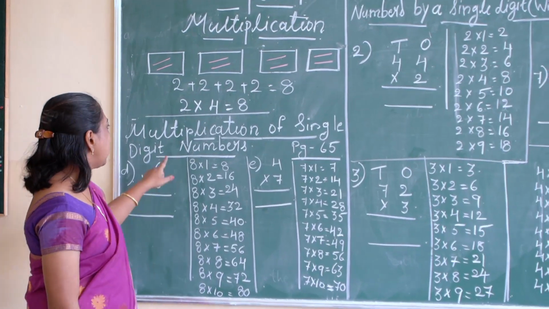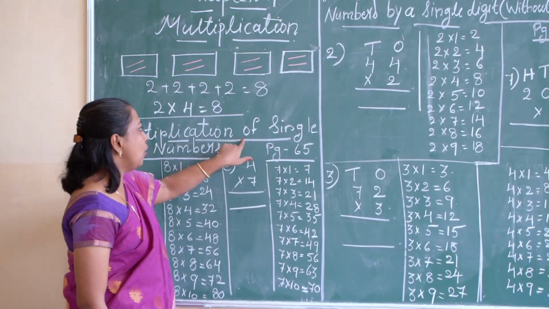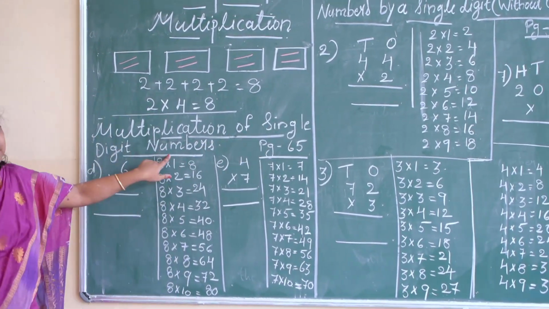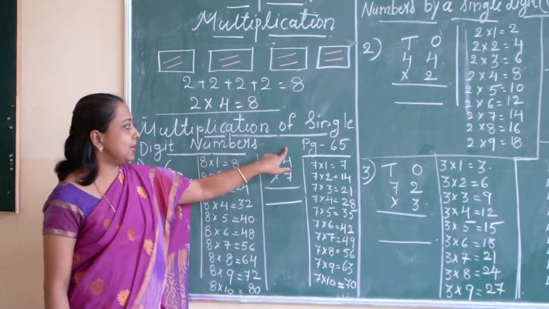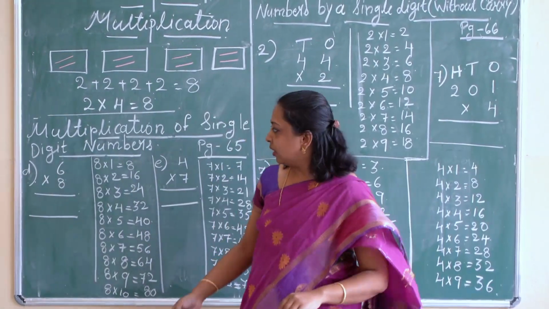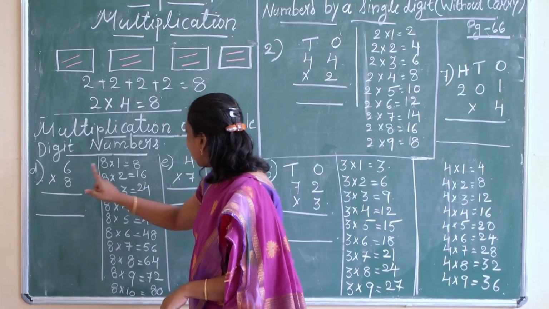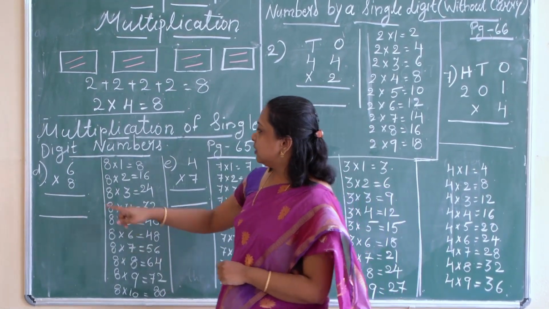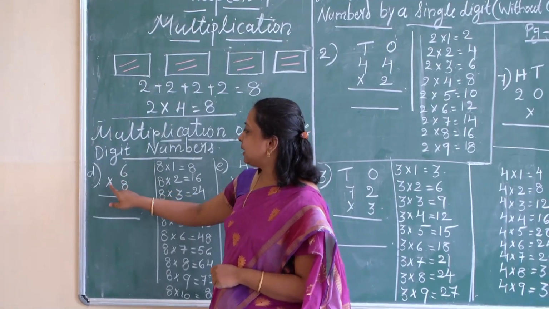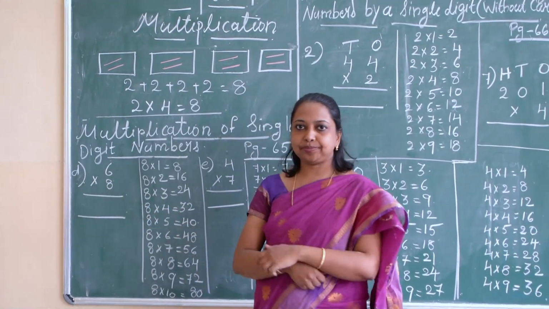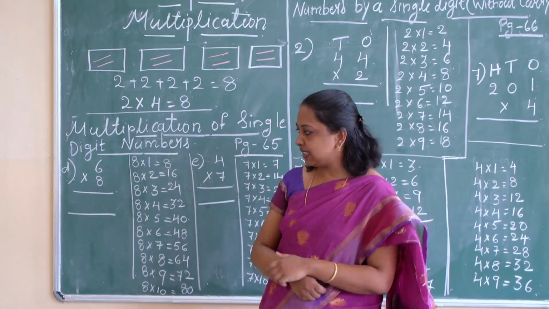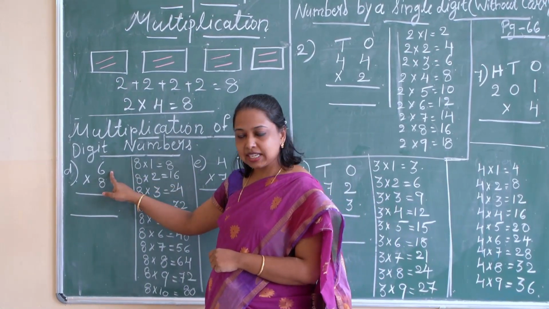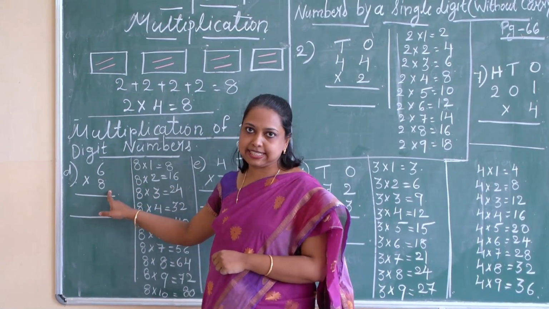First we will start from multiplication of single digit numbers. On page number 65, we will do D and E. The question is 6 multiplied by 8. You already know 6 at the ones place, 8 at the ones place.